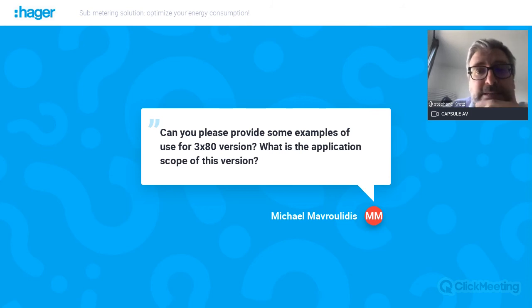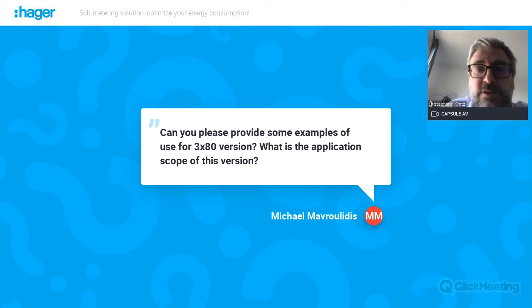On the other side, what is interesting is that Modbus RTU, for instance, has a limit of 31 products that you can connect on the communication. So if you are limited, it's interesting because here you have the equivalent of 3 times single phase 80 amps meters, and only 1 communication point.